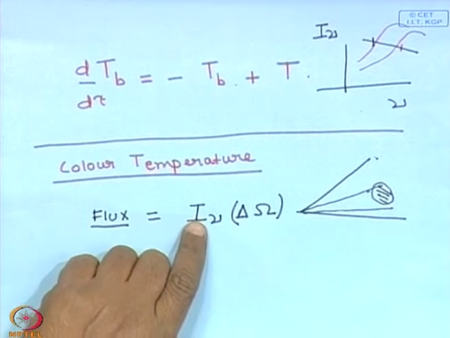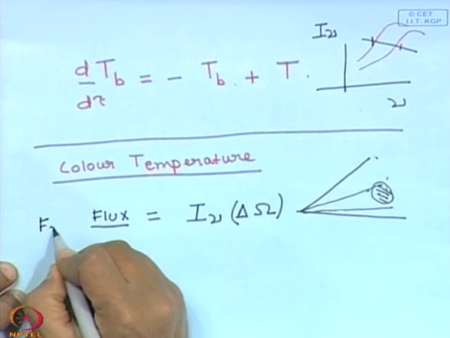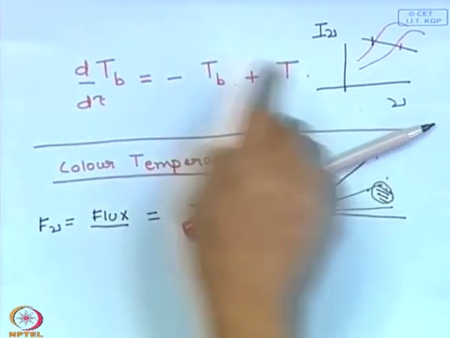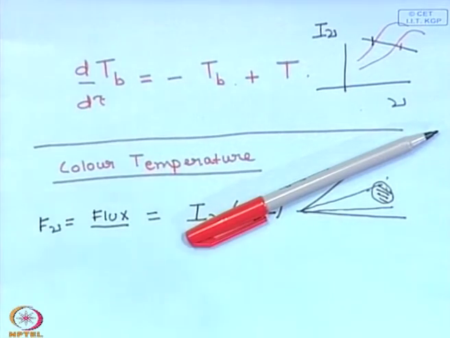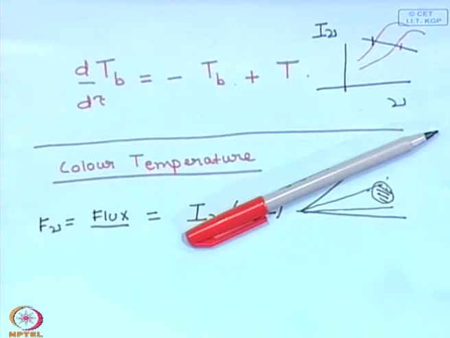Let us assume that the specific intensity is roughly constant over the source. So, I have a measurement of the flux F nu and I find that its shape is very similar to a black body, but obviously I cannot say it is equal to a black body because I do not know the scale.